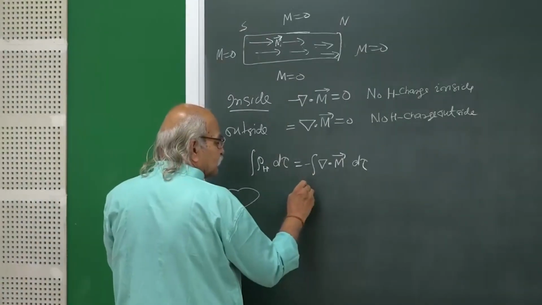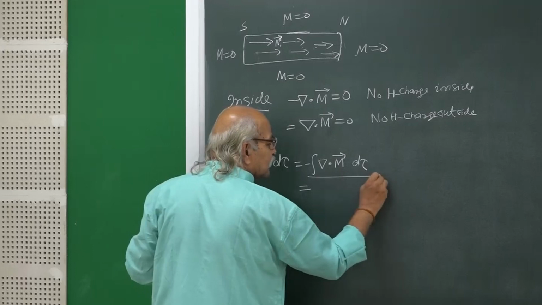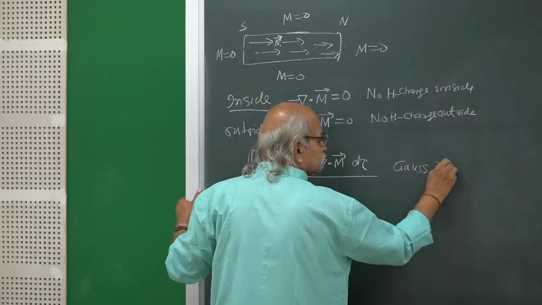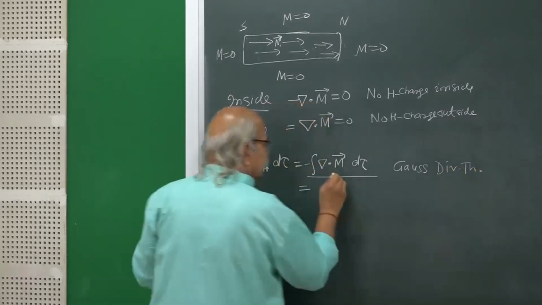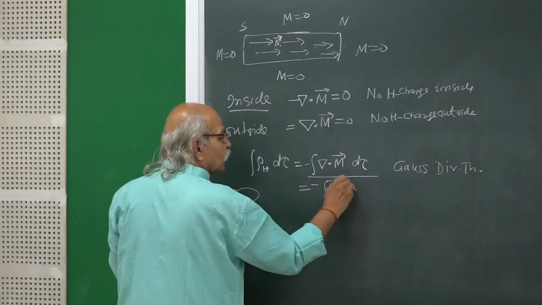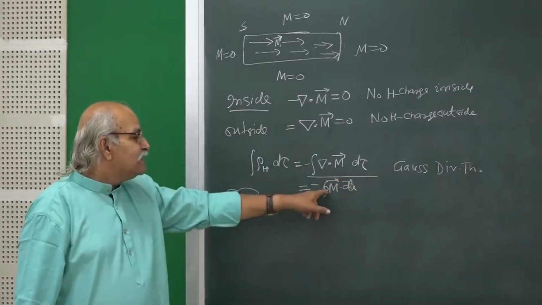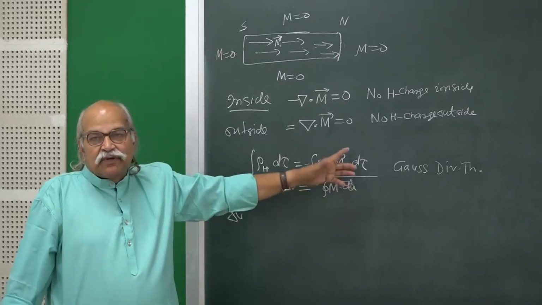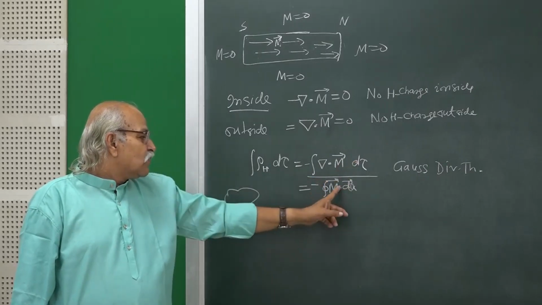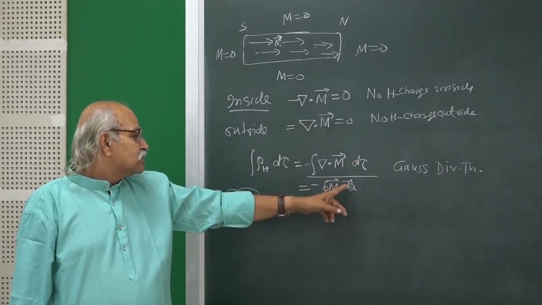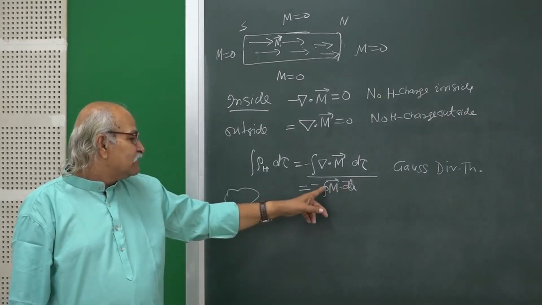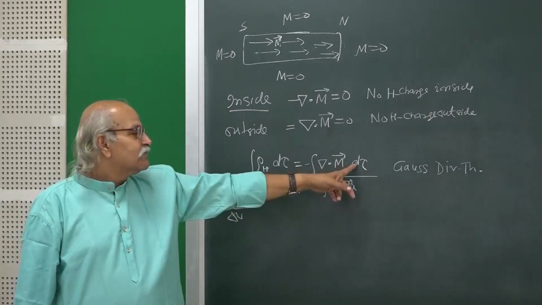But you also know the Gauss divergence theorem. Apply that Gauss divergence theorem here, and this thing will be equal to M dot dA on the closed surface bounding this volume, right. This is pure mathematics. Divergence of M d tau is the same as M dot dA, and the surface on which this is to be integrated is the same surface which encloses the volume that we have taken for this integration.